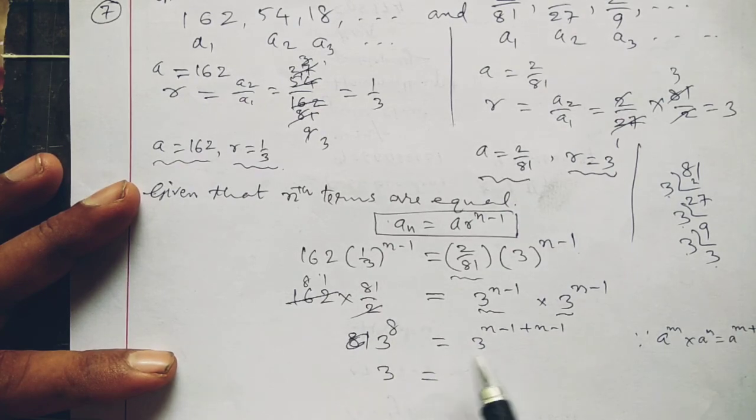So 3 to the power of 8 is equal to 3 to the power of 2n minus 2.